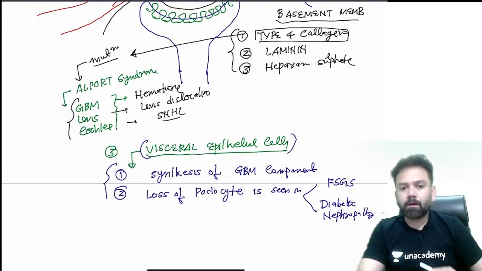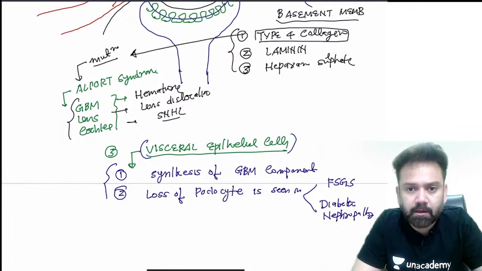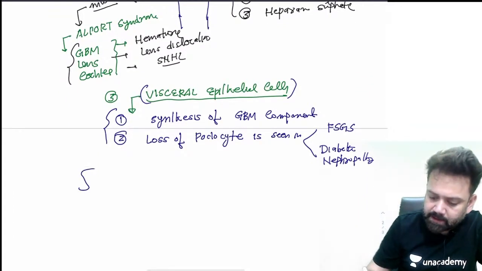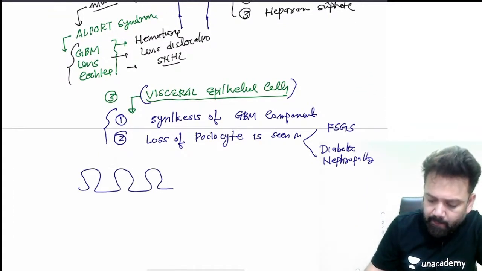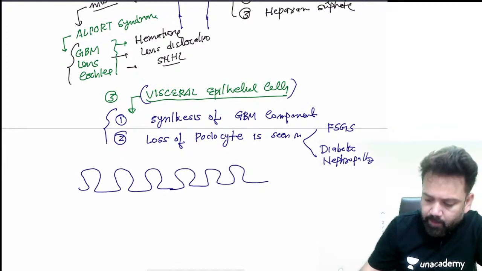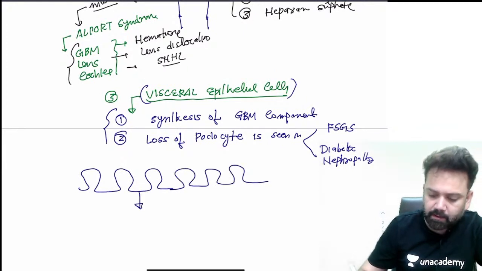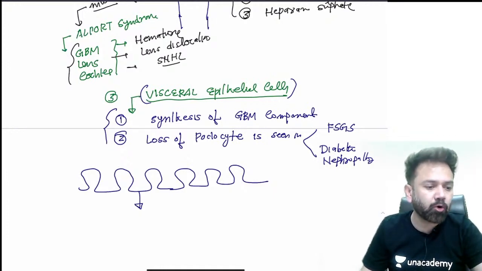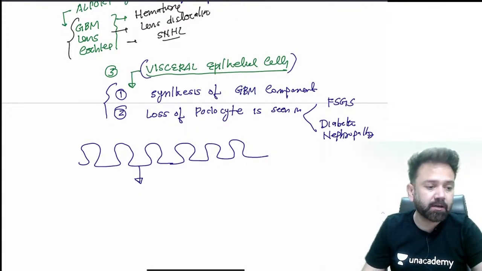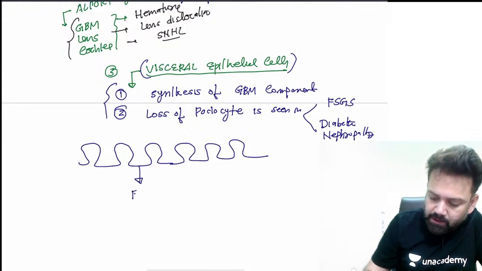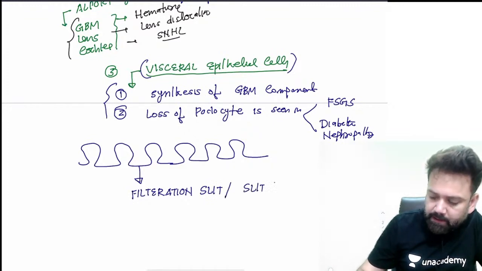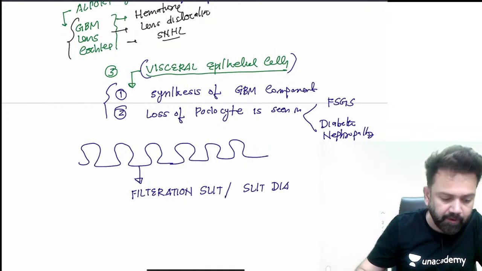Okay. Now these visceral epithelial cells are very important because if this is your epithelial cell, what is this called? This is called filtration slit or slit diaphragm, from where a lot of things are filtered.